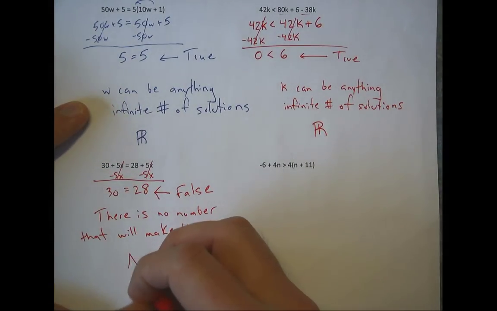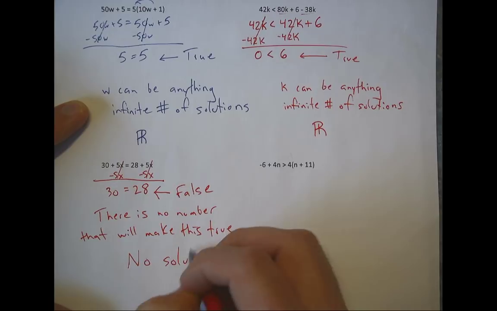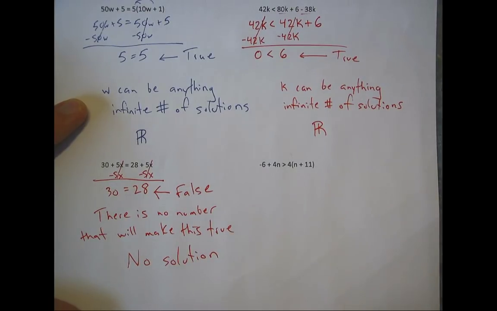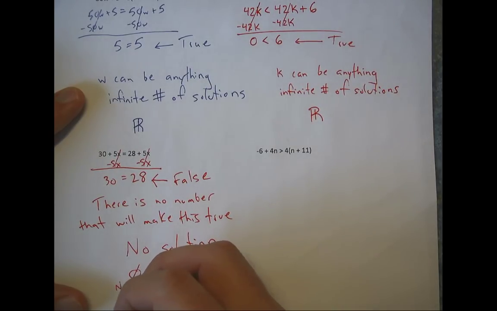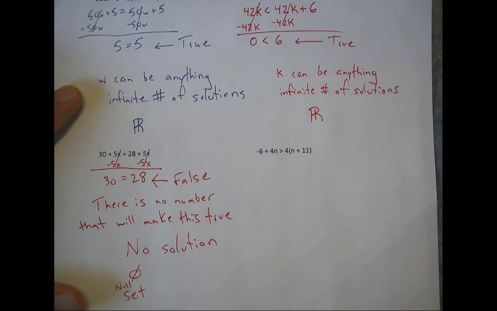So you can write a couple different things. You can say there's no solution. You can write that out in words. We talked about you can show this symbol, and that's also referred to as the null set. And the last way is kind of these set of parentheses, brackets.